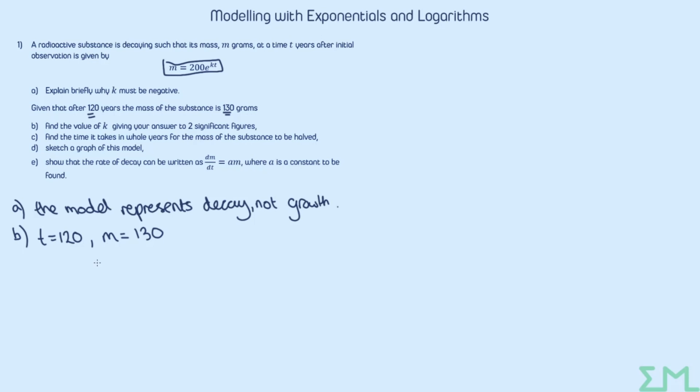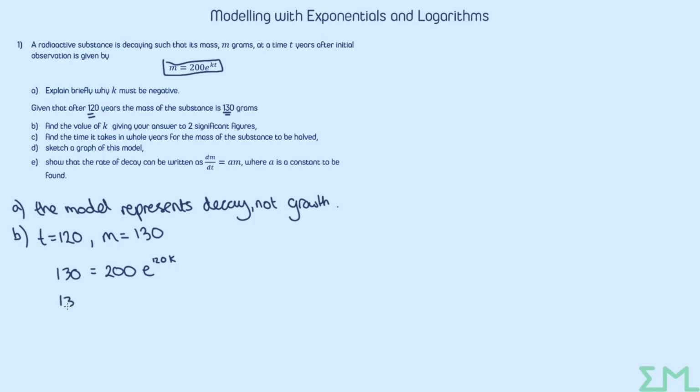So if we put these numbers into our equation, we would have 130 equals 200 e to the 120k. The k is the thing we're trying to find, so this is a case of just solving an exponential equation.